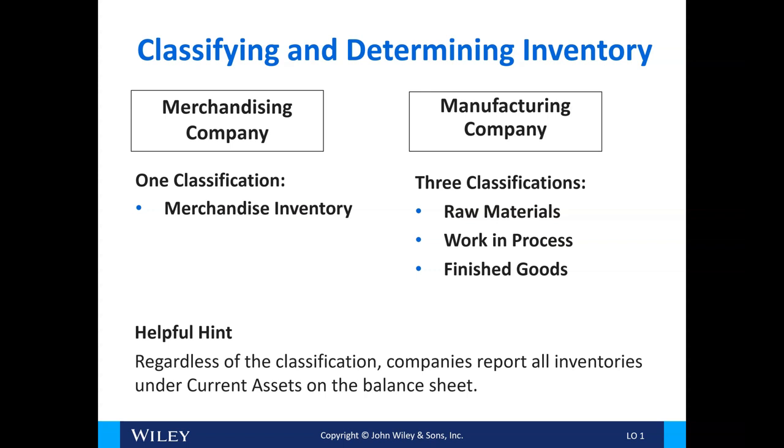Work in process, of course, would be we're in the middle of working on something. And in a later chapter, we'll go through that more precisely to see how we actually determine work in process. So work in process would be, at the end of the month, we have different items in various stages.